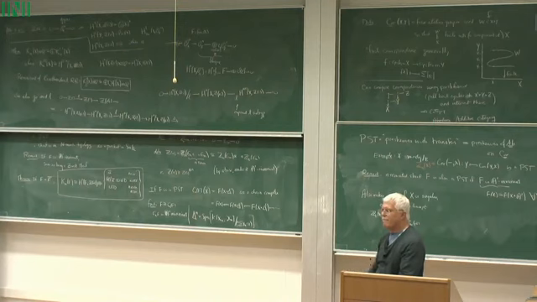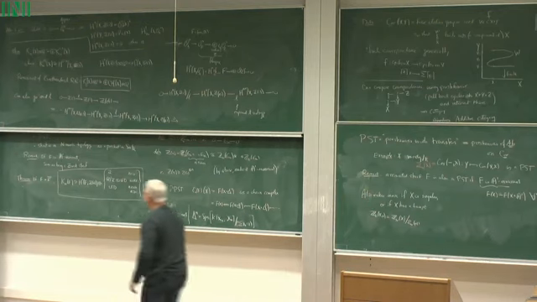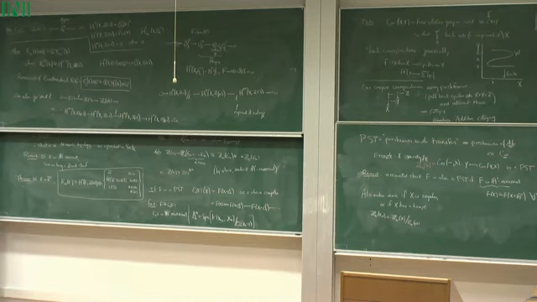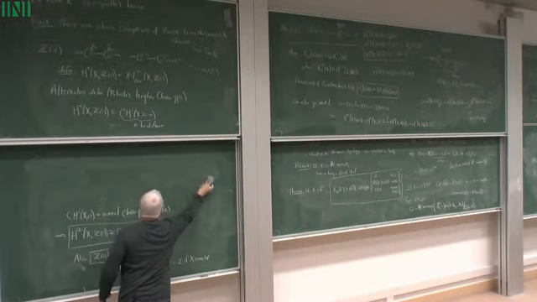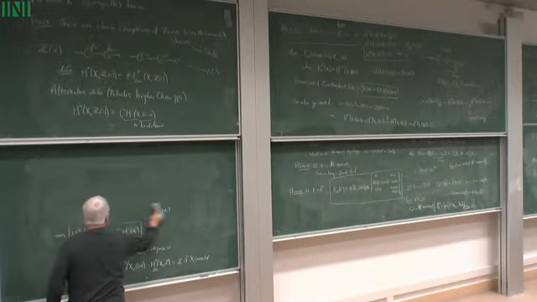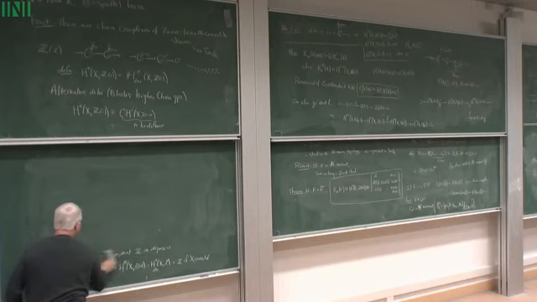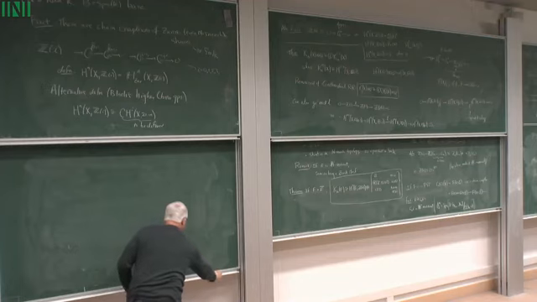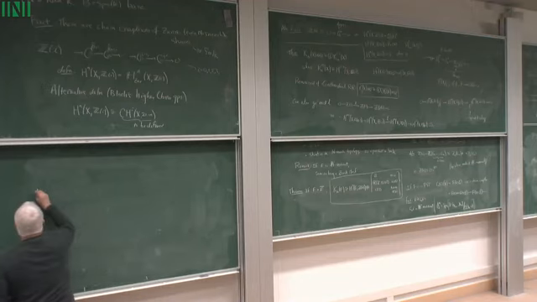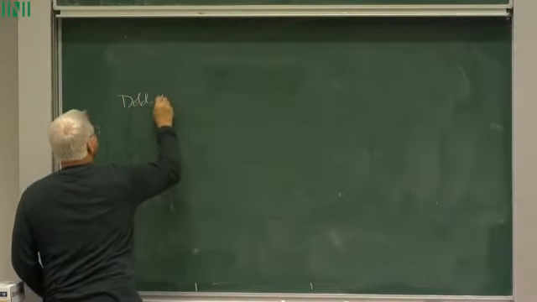Yeah. When we went from simplicial objects to chain complexes, how did we do that? So there's a game, and this is called the Dold-Kan correspondence.